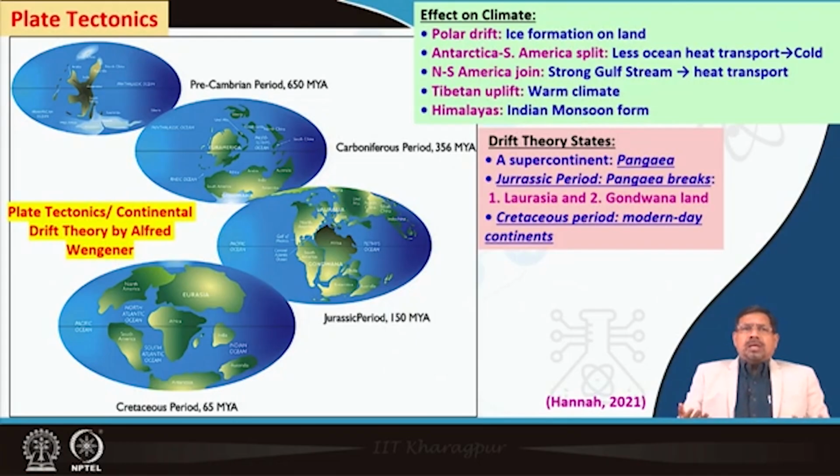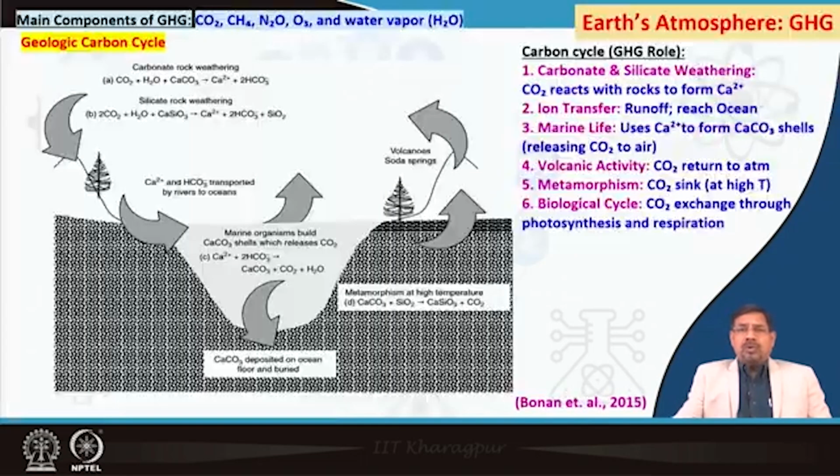So, the movement of the plates has given rise to various effects that explain the climate change. These figures have been taken from Hanna's book published in 2011 that explains climate change biology.